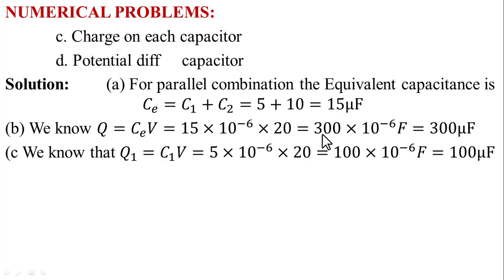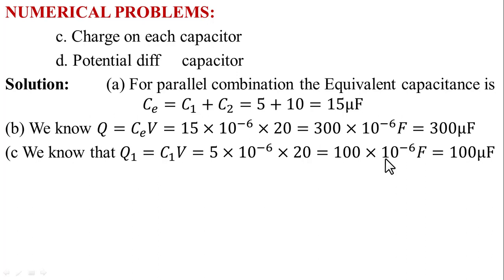First of all, we find Q1, which is equal to C1 multiplied by V. The value of C1 is 5 multiplied by 10 raised to power minus 6, multiplied by 20. So 5 multiplied by 20 is 100, multiplied by 10 raised to power minus 6.